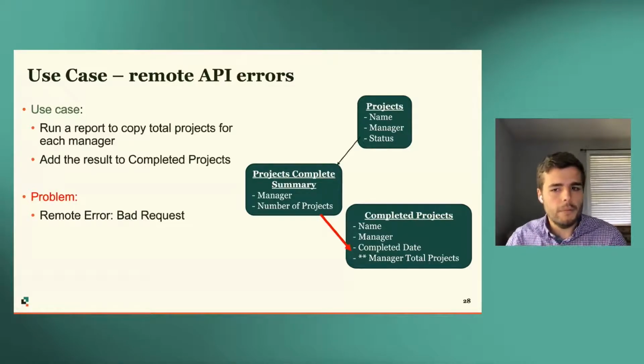That way, in completed projects, I can see when each of the projects was completed, and for each of those managers that completed that project, what's their workload, how many total projects do they have? And the problem I'm receiving is this remote API error that Kunjan had briefly mentioned. So this bad request, which is fairly generic. So let's dive in and show you a demo here.